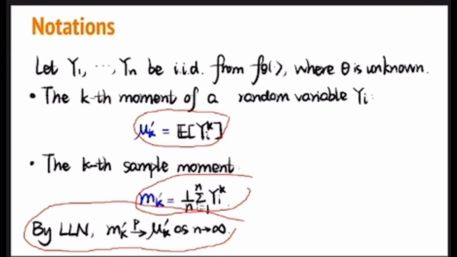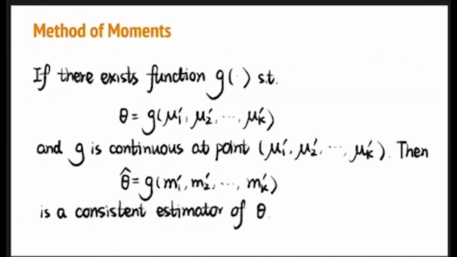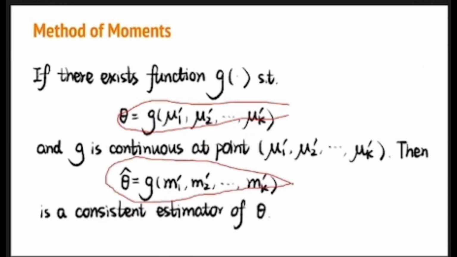Now the next thing we're going to do: if there exists a function where theta equals that, when I say theta, that very theta can involve the population first moment, second moment, until you get the kth moment. Then we're going to have another one, an estimator, where the arguments are the sample first moment, sample second moment, and so on.